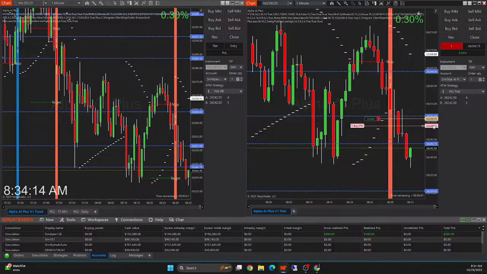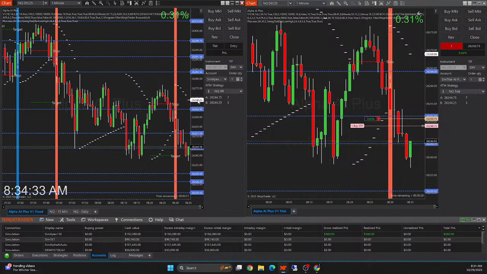Not a big profit, but this deeper pullback is garbage.